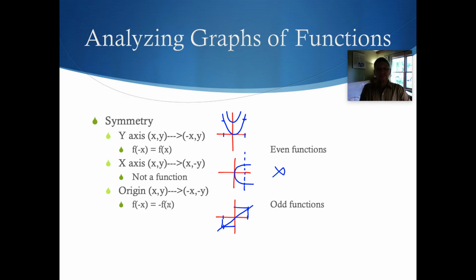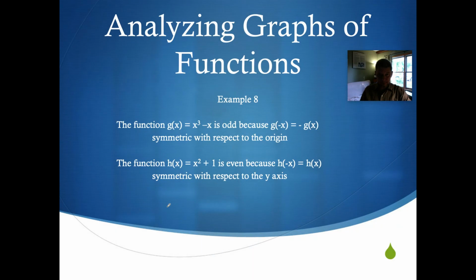All right, now let's do an algebraic example, because I think that'll help to make it look a little bit more clear. So example number 8. The function g of x equals x cubed minus x is odd because g of negative x equals negative g of x.